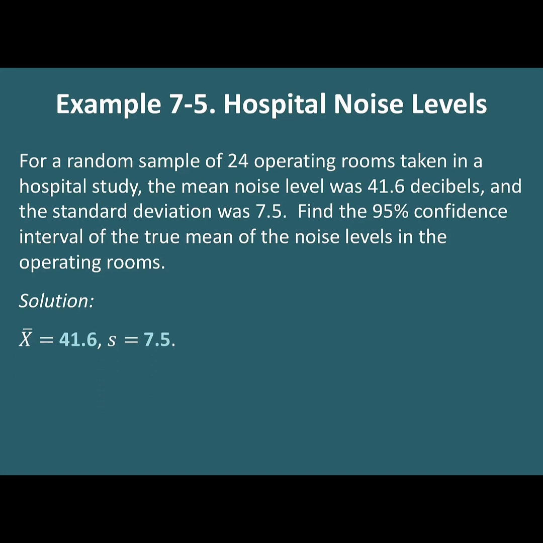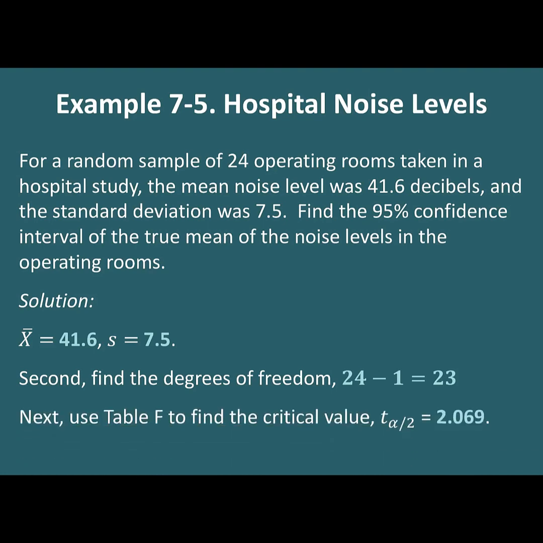Since we already have the mean and the standard deviation, we can just jump right in. Our degrees of freedom here will be 23, since that's one less than the number of operating rooms. Now, pause the video here and confirm that the critical value that we get in this particular case is 2.069.